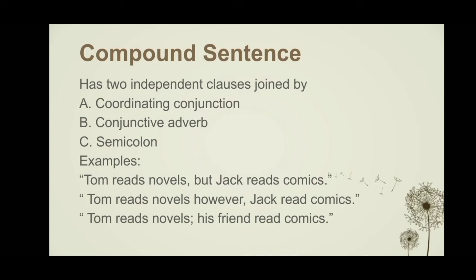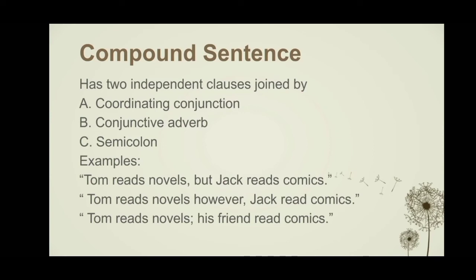The second type of sentence is the compound sentence. A compound sentence has two independent clauses joined by first, a coordinating conjunction, second, a conjunctive adverb, and third, a semicolon. In the first example, Tom reads novels but Jack reads comics, there are two independent clauses and the coordinating conjunction but.